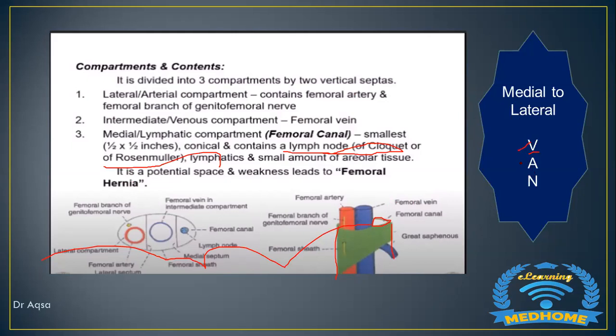In the middle is the artery, and the nerve, the femoral nerve, is the lateral part. So in relationship, the vein will be the most medial, the artery in the middle compartment, and the nerve the most lateral.